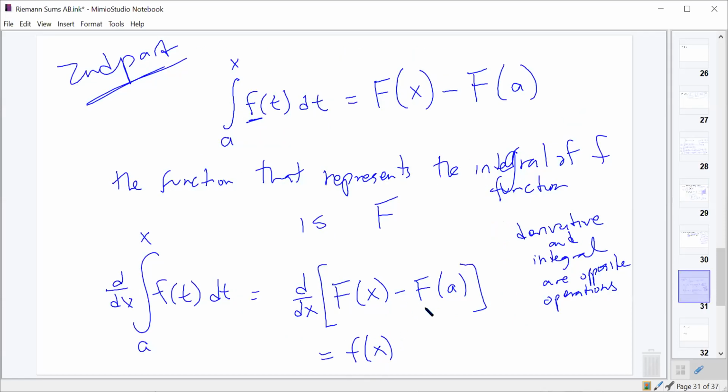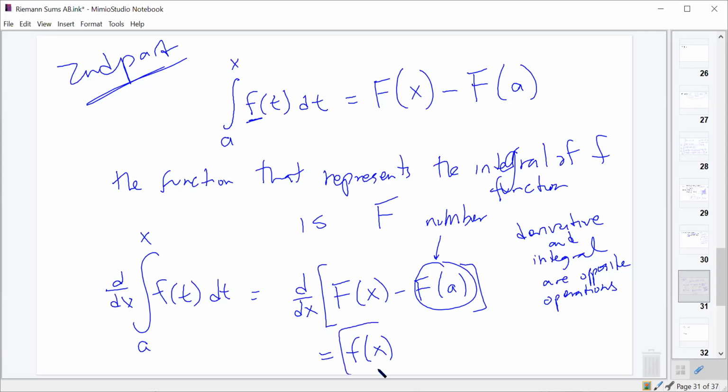And if capital F is a function, what do you get if you evaluate a function at a number? Generically, what do you get? You just get a number, right? If I take some function and evaluate it at a number, I get a number. And what happens if I take the derivative of a number? 0. You get 0.